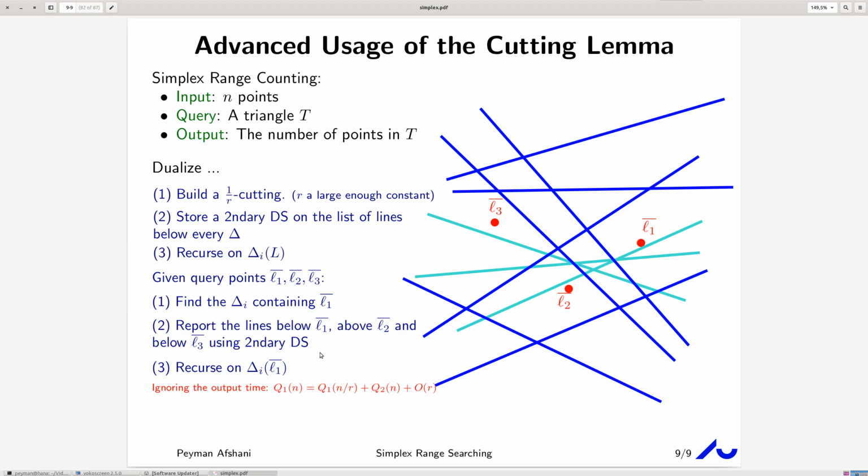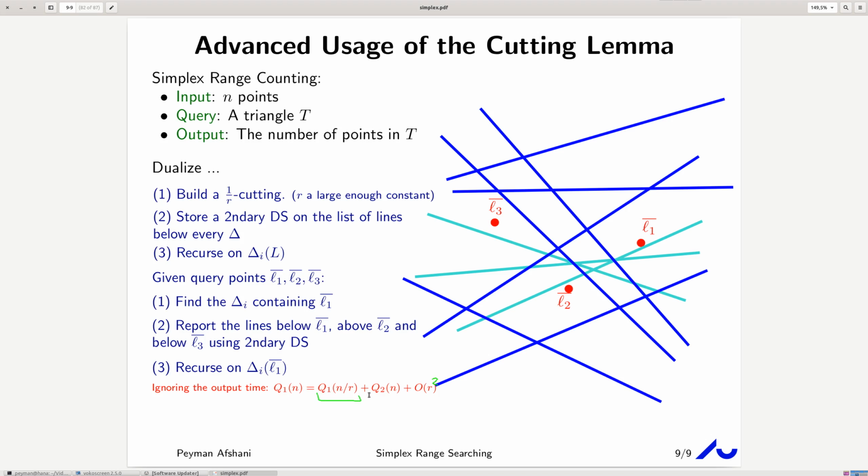So when I write the recursive formula for the query, again ignoring the part of the query that is just producing the output, I get the following. I have a query that I want to answer on endpoints. I find one triangle, again this is r squared: I inspect all the triangles and find which one contains my query. I recurse on that triangle, so that's already Q1 of n over r.